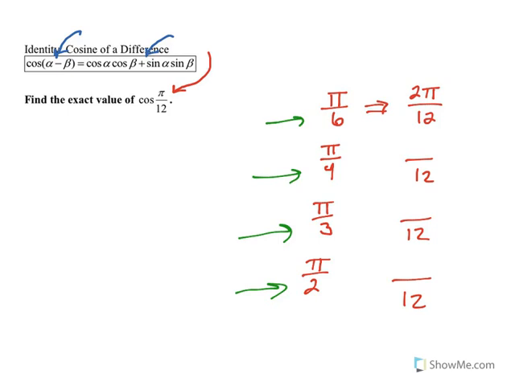The next one, pi over 4, you had to multiply the bottom by 3, so it's going to be 3 pi over 12. The next one, pi over 3, you had to multiply by 4, so it's 4 pi over 12. And multiply the bottom by 6 for the next one, so 6 pi over 12.